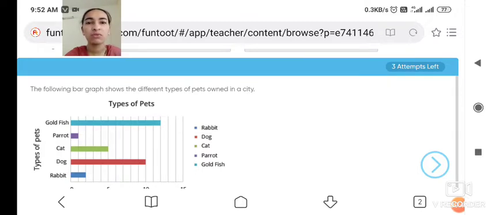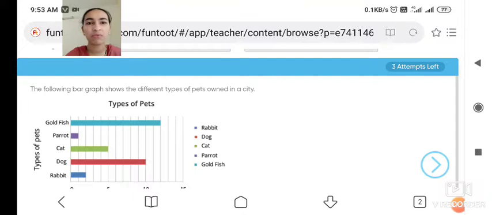Now in today's video we are going to take a new chapter, that is data handling and probability, that we already learned. Now I am taking the revision on FunToot. You can see there is a graph showing, and that graph is a bar graph.